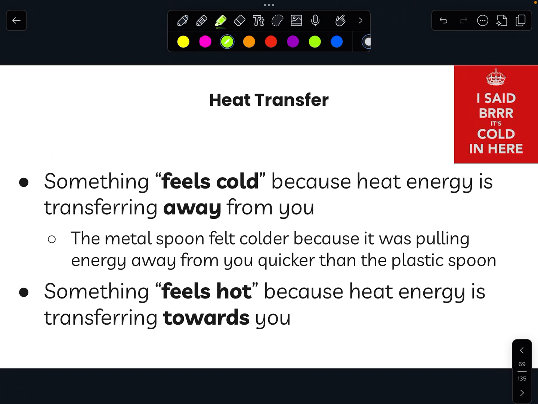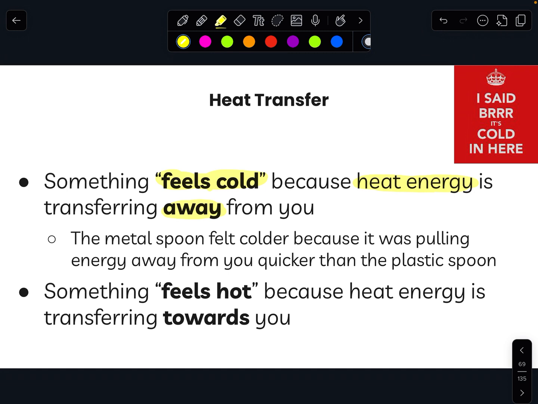So when we talk about heat transfer, when you hold something metal, sometimes it feels cold. The reason that it feels cold is because the heat energy is actually being pulled away from you.